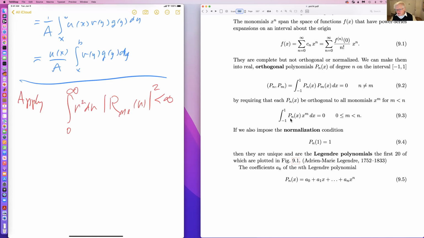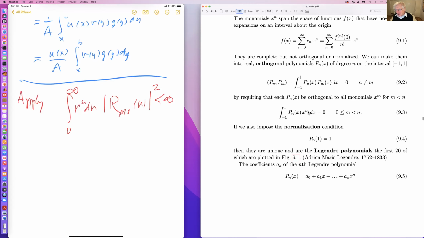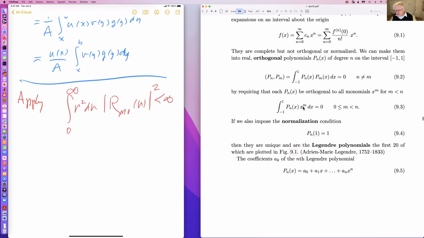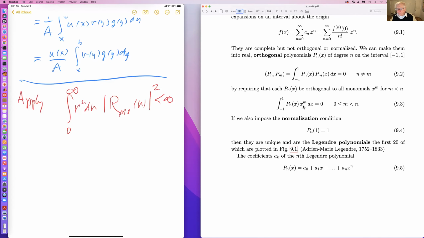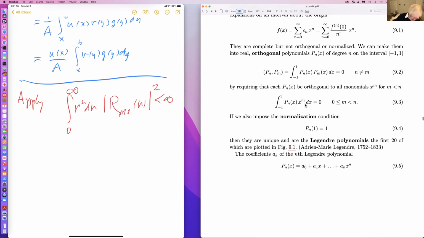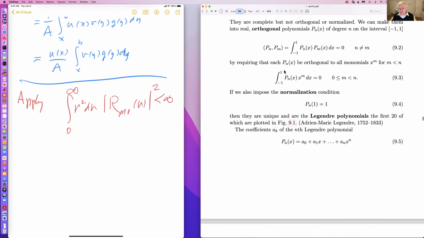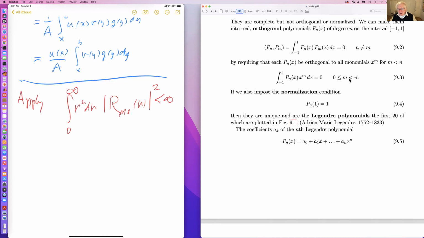So in other words, if this is p2, then it's orthogonal to x and to the number 1. If this is p6, then it's orthogonal to x to the 5th, x to the 4th, x to the 3rd, x squared, x, and the number 1. Anyway, this is the condition. And now, since this is an nth order polynomial, it actually has n+1 coefficients.